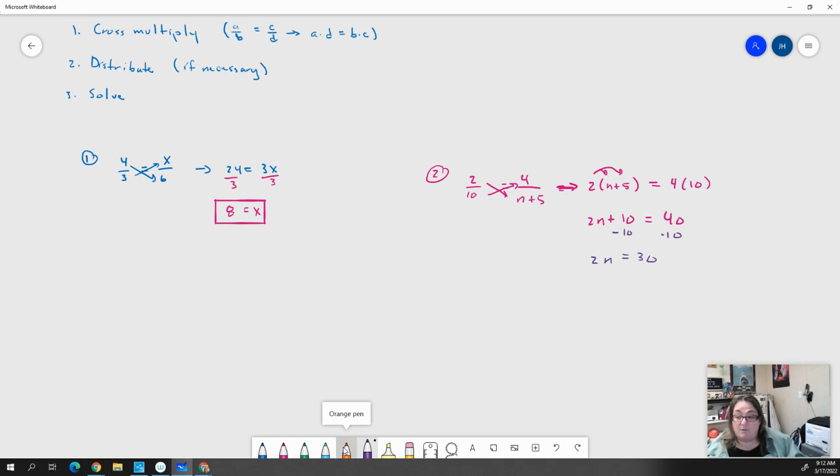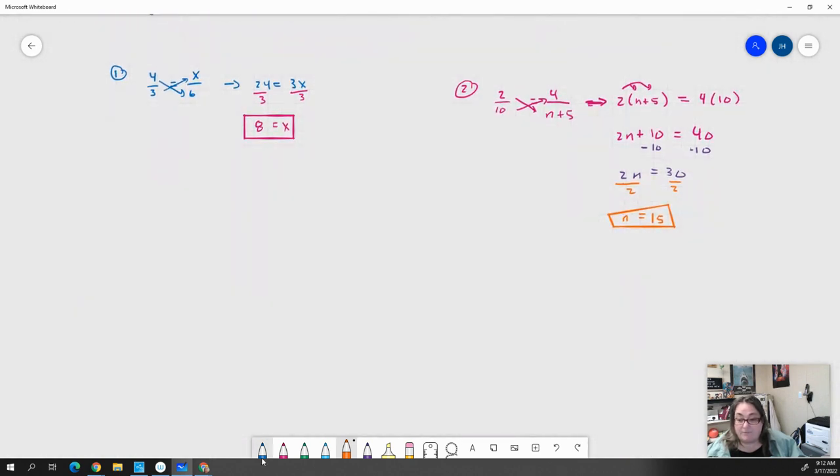So when we want to get rid of that, we're just going to divide everything by 2, and we wind up with n equals 15. That's not a box. It looks more like a coffin, but you get the picture. And for the most part, this is how they're all going to solve.